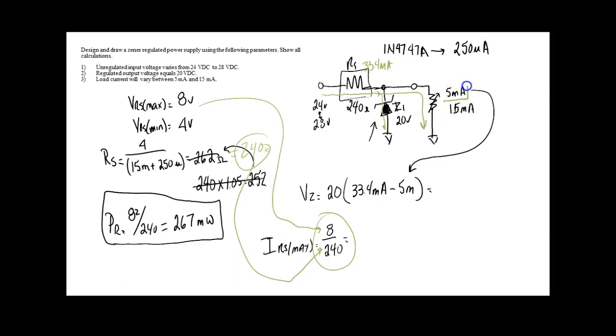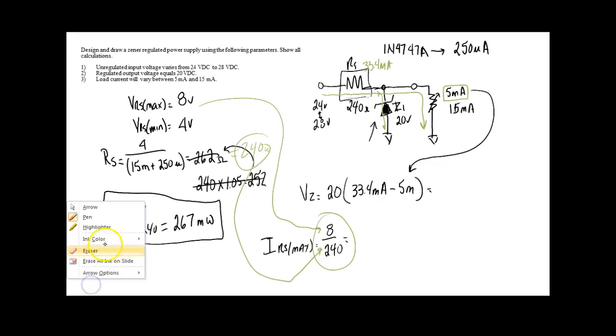So we got 5 milliamps going over here, right? You understand? So when would the current flow through the Zener be maximum? Well, it's when the current flow in the load is minimum. Because if I come up here and subtract 15, that means the power in the Zener is going to go down. If I come over and subtract 5, it means the power in the Zener is going to go up. And that's what we're trying to do, is see when the Zener is dissipating its most power.